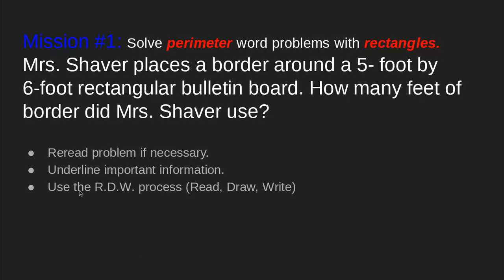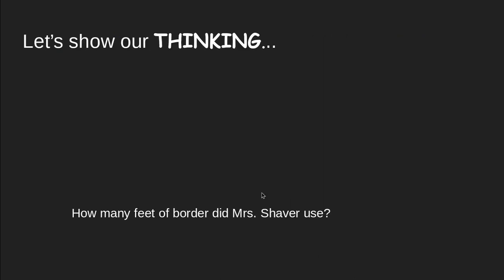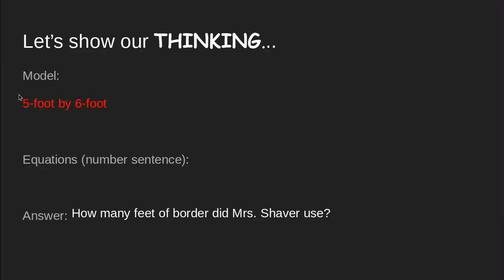And we are going to use the RDW process, which is read, draw, and write. We are going to show our thinking here. So we know we're trying to find out how many feet of border Mrs. Shaver used. So let's figure out what information we know. Okay, we know that her bulletin board is rectangular and it measures 5 foot by 6 foot.